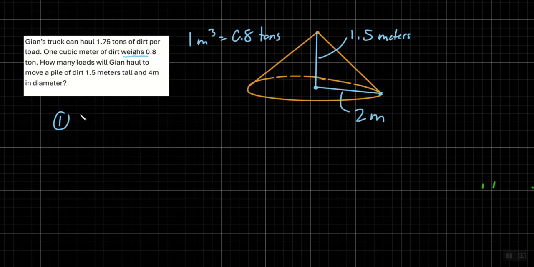So what formula should I use? B equals pi r squared. Yeah, 1/3 of it, right? Pi r squared times my height.